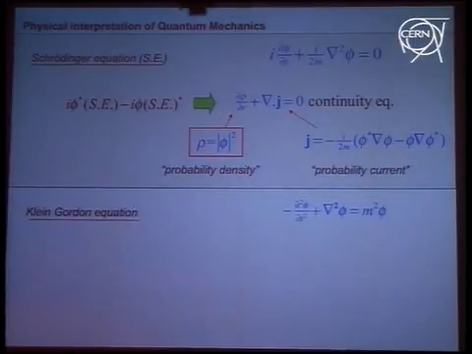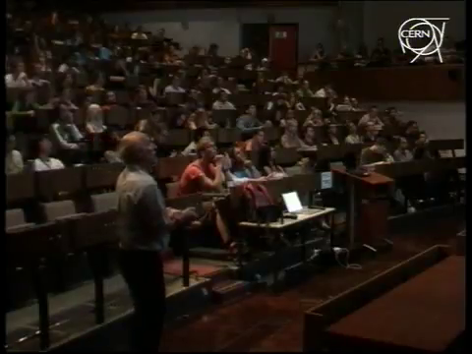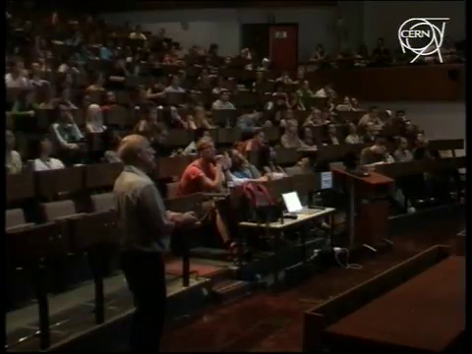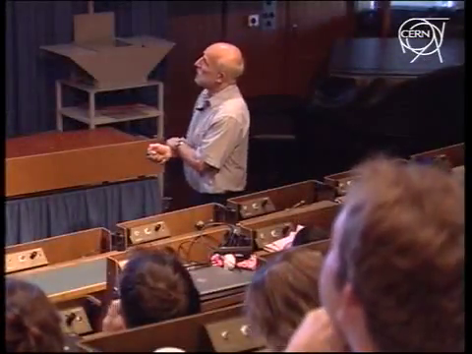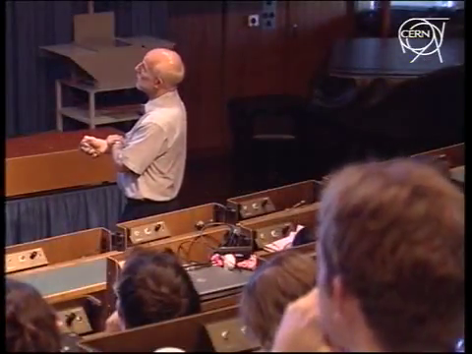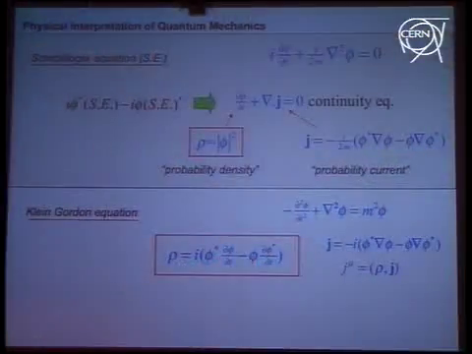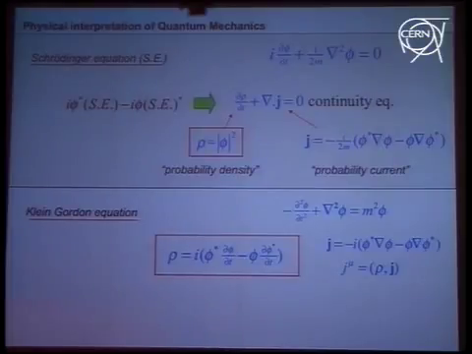If I did the same for the Klein-Gordon equation, and I hope you've already met this concept in your quantum mechanics, it's very straightforward. You just repeat the process that got you to this continuity equation. You multiply the Klein-Gordon equation by phi star and subtract phi times the Klein-Gordon equation star, and you end up with a probability density which is slightly different, because now we've got a second order derivative with respect to time, whereas previously we had a first order.